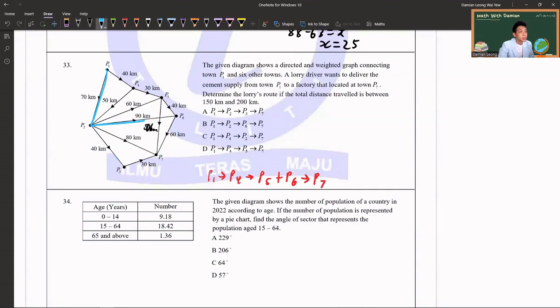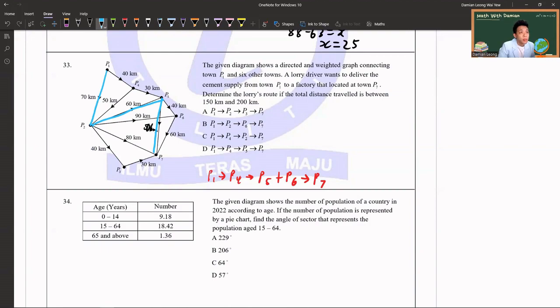If I go here, P1, P2, then P5, P7, 70, 60, 50, that is 180.